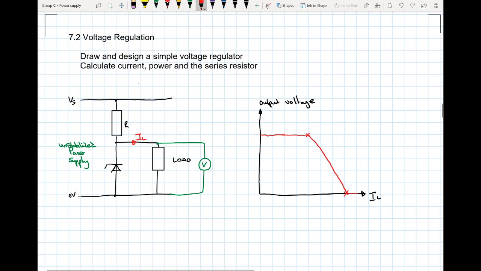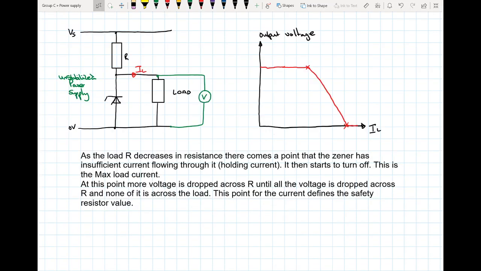What we're going to do is investigate these 2 points with our calculations. So we've got this one here, which is our maximum load current, and this point here defines our safety resistor.